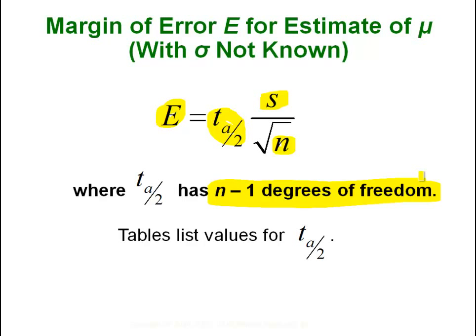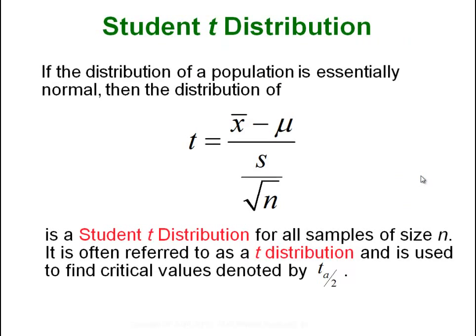So what is this t distribution thing that we're talking about? Where do we get these t-critical values? Well, if a distribution is close to normal, then we get this t-distribution. It's called a student t-distribution, or more simply just put a t-distribution. And you'll notice that this formula is awfully similar to the z-score formula, which was x bar minus mu all over sigma.